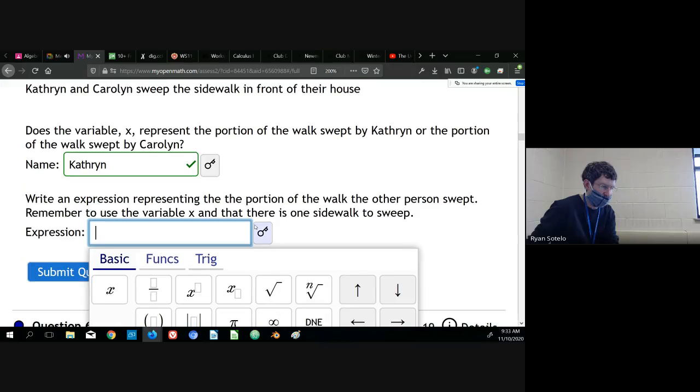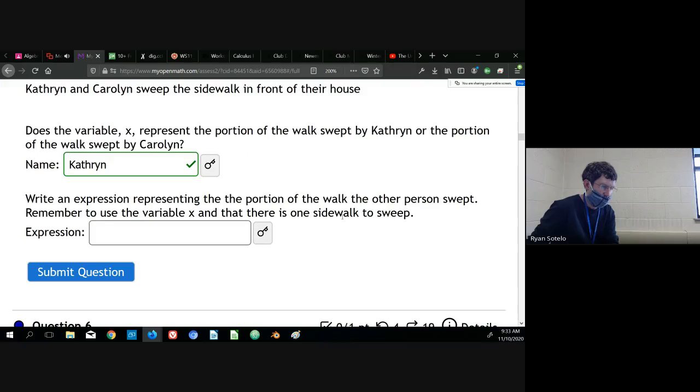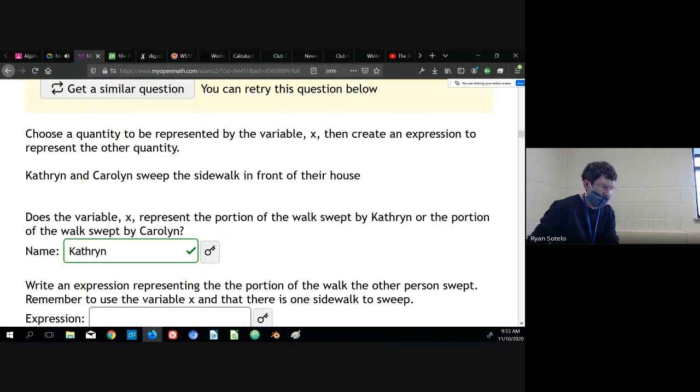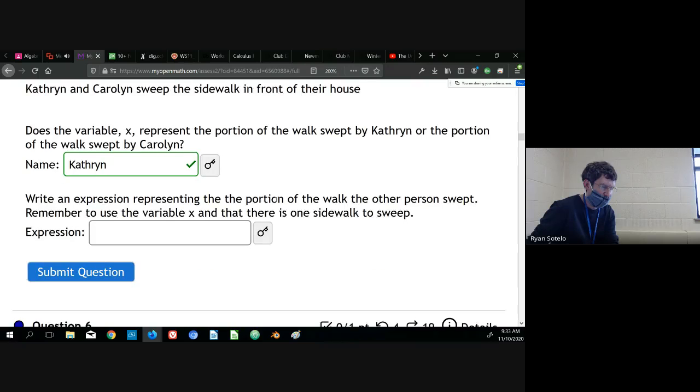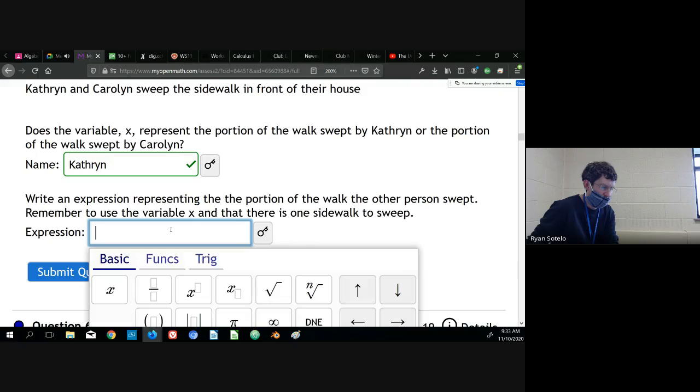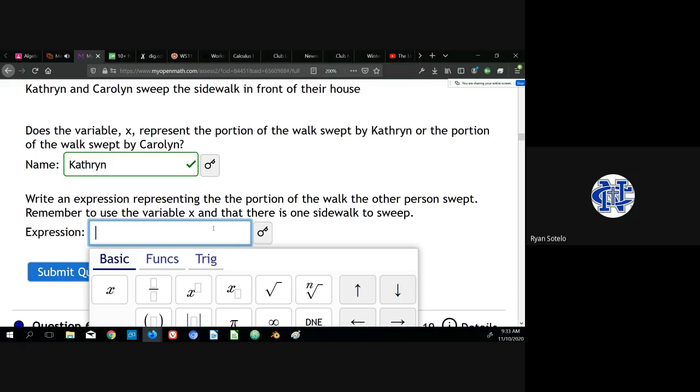So that's a very weirdly worded one. I guess these are fractions. So what, Jeff? I think you have to do whatever your amount is minus X. Yeah, that's usually what it was. So one minus X. They said there's one sidewalk.